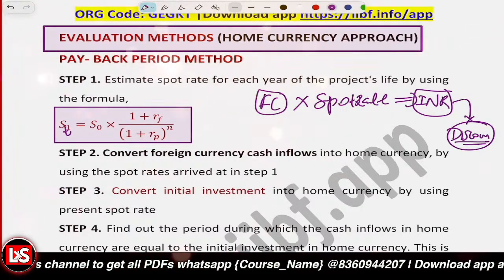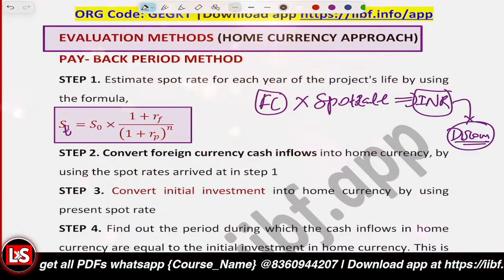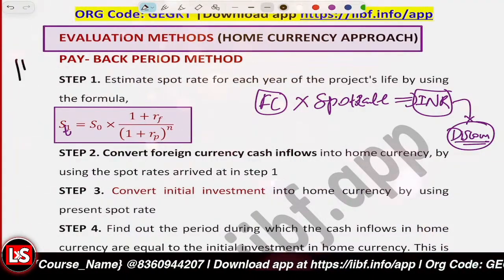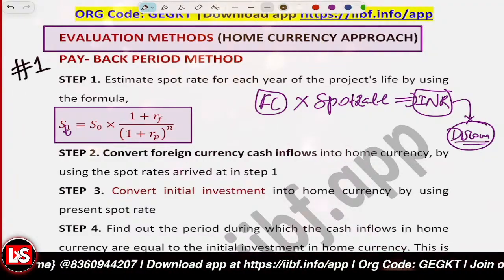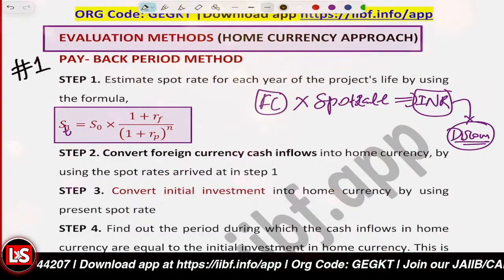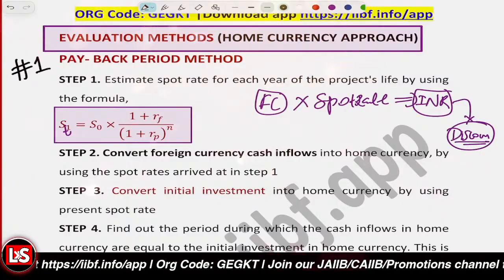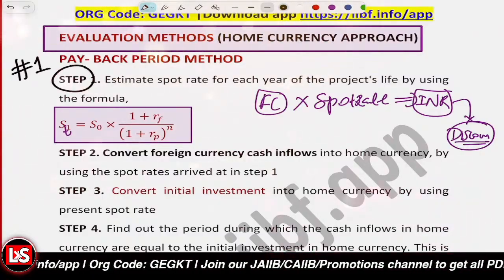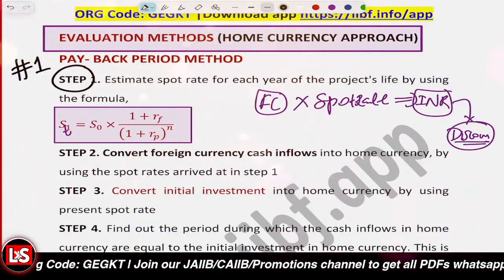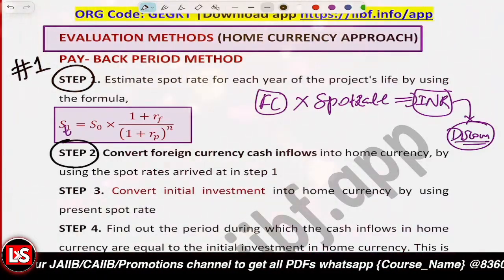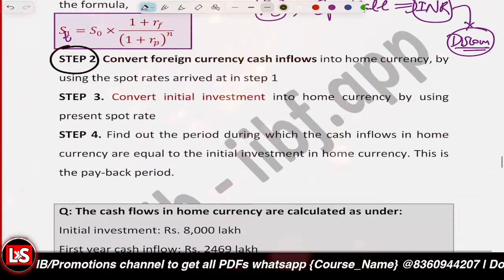So for the payback period method, that's the first method that we're going to cover. In this case particularly, we have to estimate the future spot rates. And then we do convert the foreign currency cash flows into the home currency.